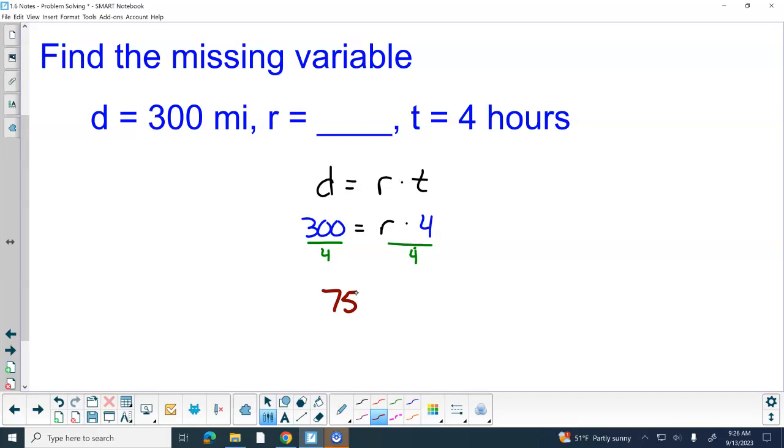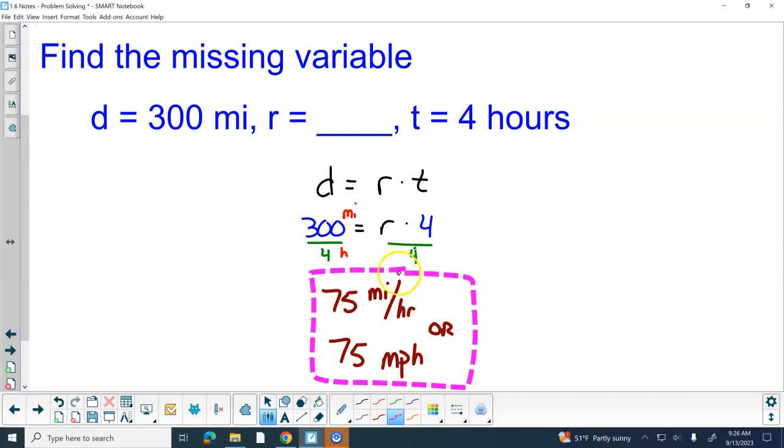Miles per hour, because 300 was miles and 4 was hours, so we could write it this way, or as miles per hour, because it's common, one of those two. But your answer needs to have a label. Just telling me 75 doesn't do me any good.